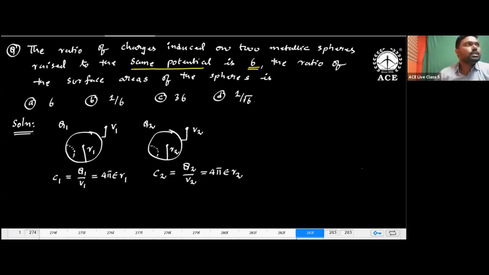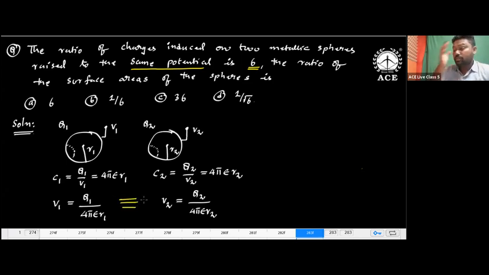What is the potential here? V1 is equal to Q1 by 4 pi epsilon R1. Here, what is the potential? V2 is equal to Q2 divided by 4 pi epsilon R2. What is mentioned in the question? It is mentioned that the potentials are same.